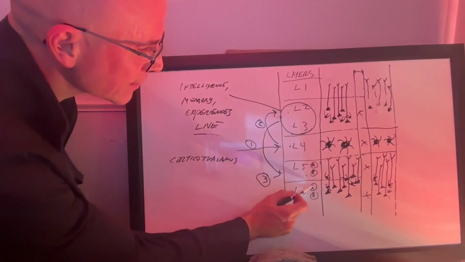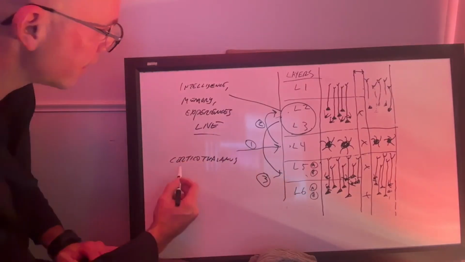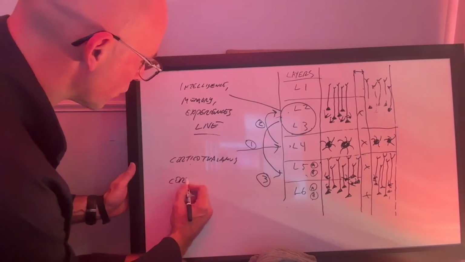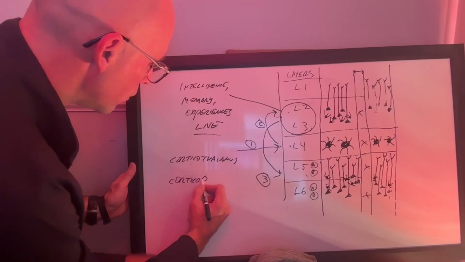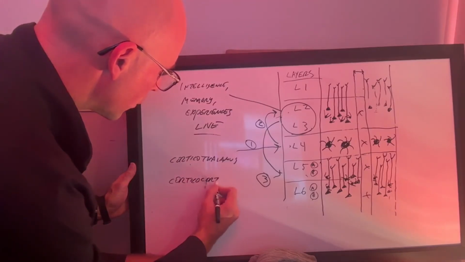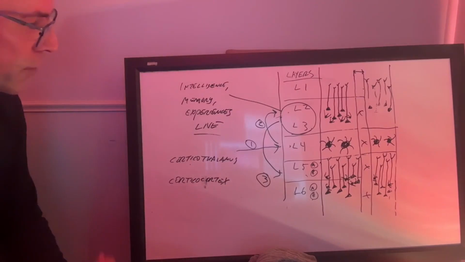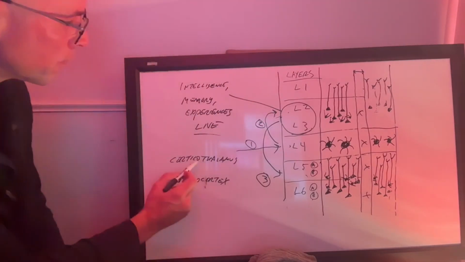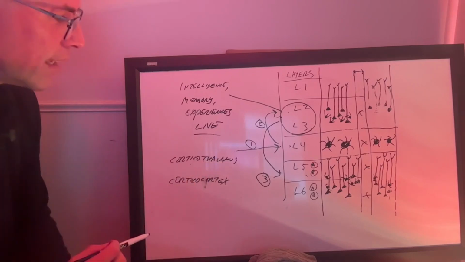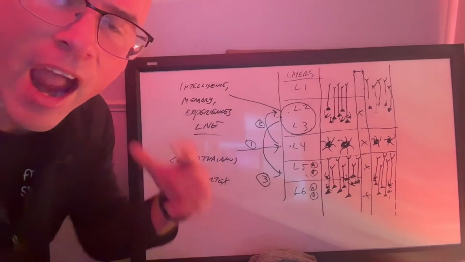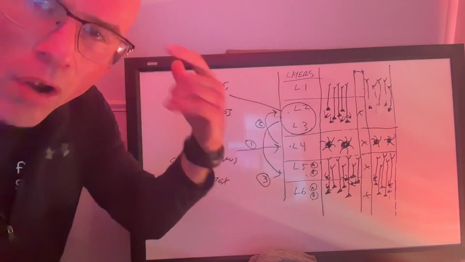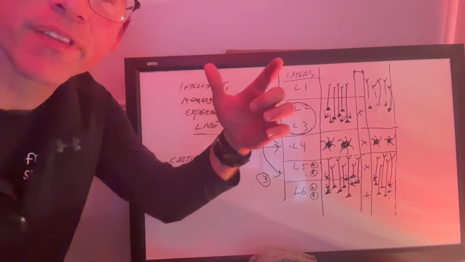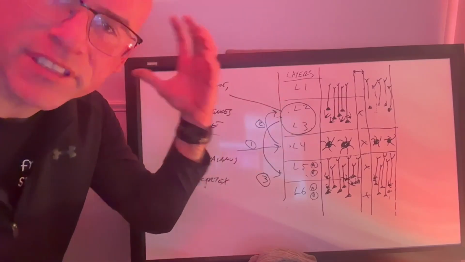So 6A is speaking back, corticothalamic. 6B is cortex to cortex, so it's just speaking back and forth throughout the areas of the cortex. The thalamus is huge. Every sensation runs through there, and all of our models, how the living organism acts and lives, will run through the thalamus, because that's our sensory information.